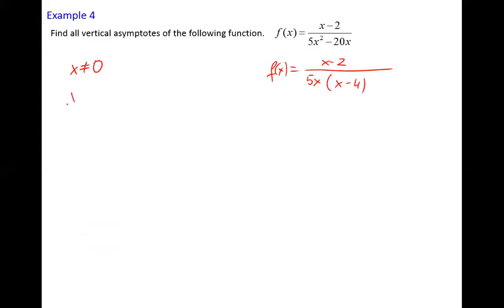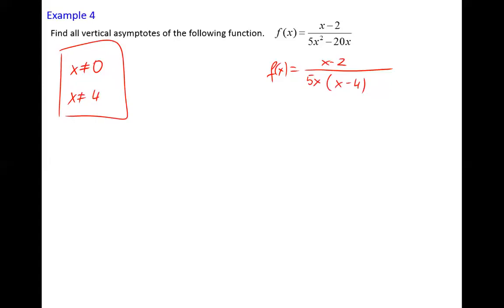0 is not in the domain, and 4 is not in the domain. And what I notice is that I don't have a factor x, and I don't have a factor x minus 4 on the top. That means I did factor out, but this is my simplest form of the function. Nothing to be cancelled out.